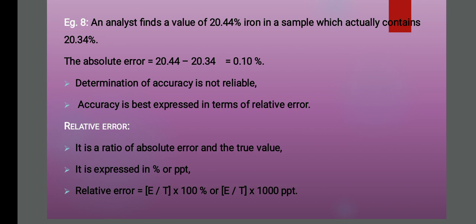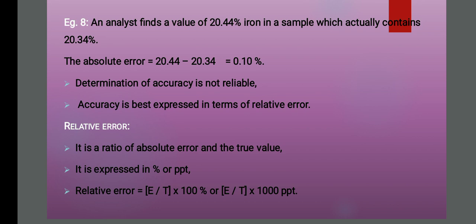As days went on, they found that this absolute error does not accurately say something about the result. So they went to relative error, which is the ratio of absolute error and true value. This relative error can be expressed in two different terms: either by percentage, or in terms of parts per thousand, PPT.